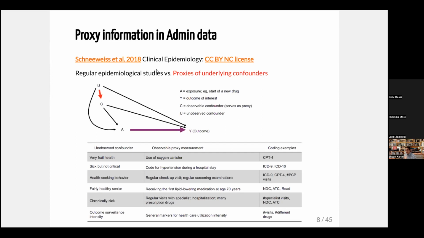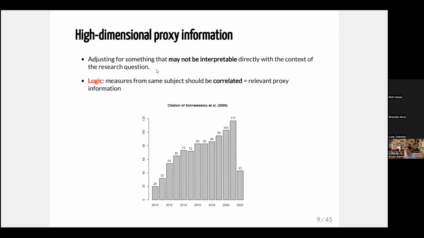So all of this information that we're not generally using in regular epidemiologic studies could be useful for our purposes as well. And that was the basic innovation for the high dimensional propensity score algorithm.